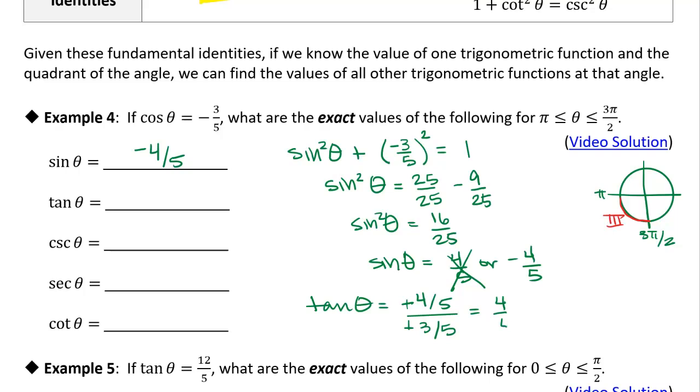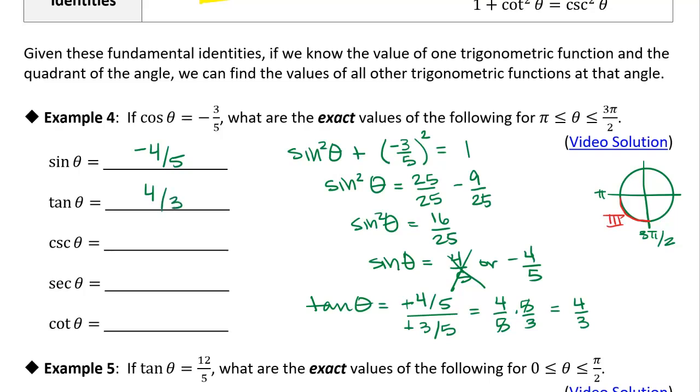We'll end up with 4/5 times the reciprocal, 5/3. Cancel the 5s, and we end up with a positive 4/3. So the tangent in the third quadrant is positive: 4/3.